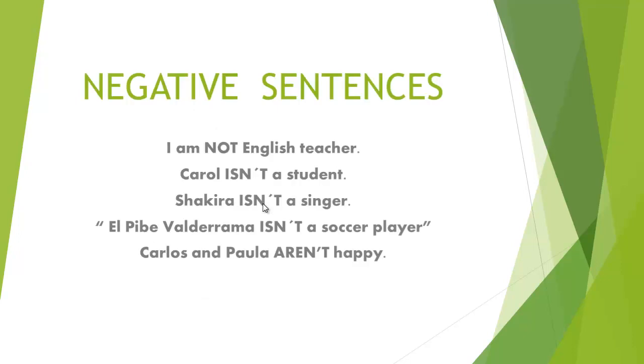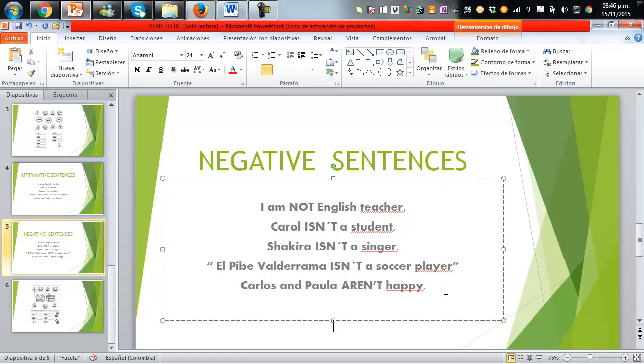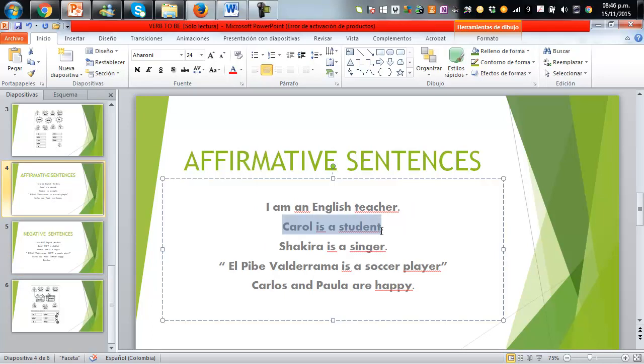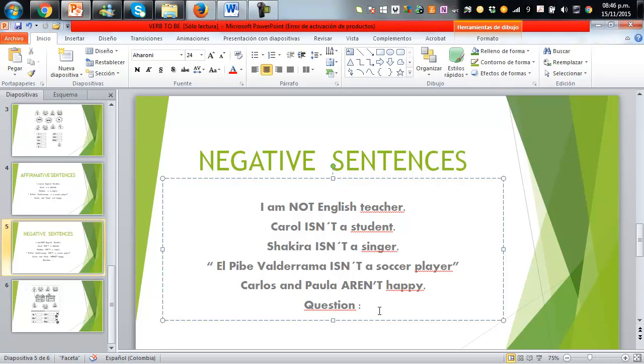But how about if I want to write a question? Okay, so it is possible. In the case of a question, what do I do? I am going to take my affirmative sentence, and then I'm going to write it here.